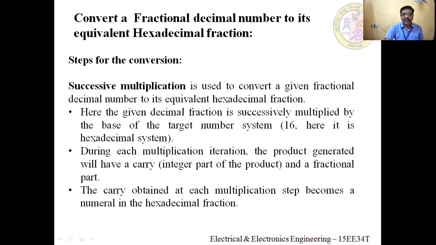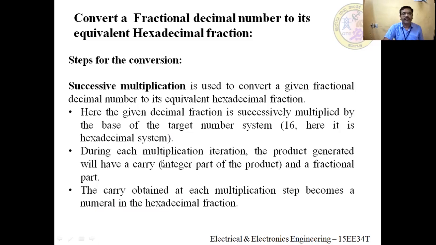After each multiplication we get one product which contains both an integer part and a fractional part. You leave the carry part and you take the fractional part. The carry obtained at each multiplication step becomes a numeral in the hexadecimal fraction.